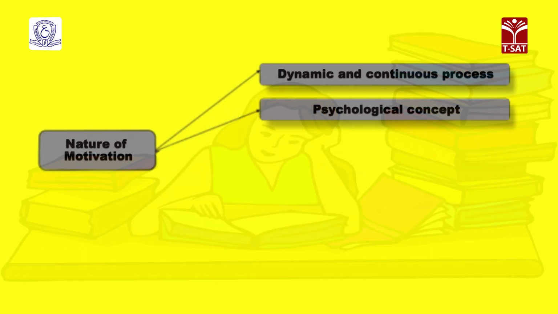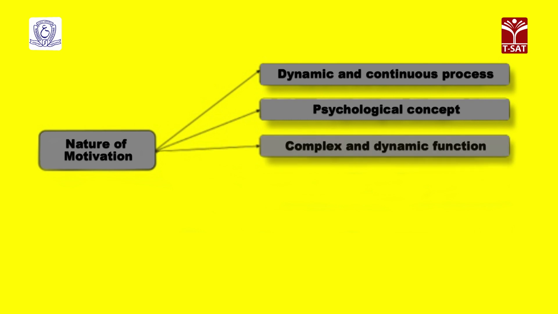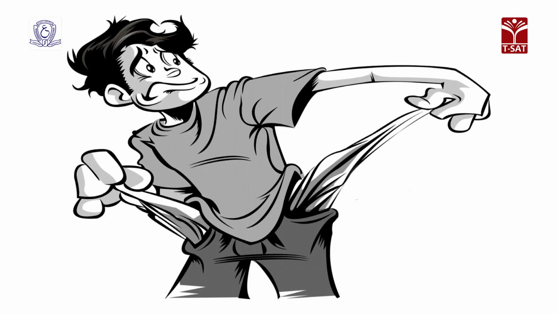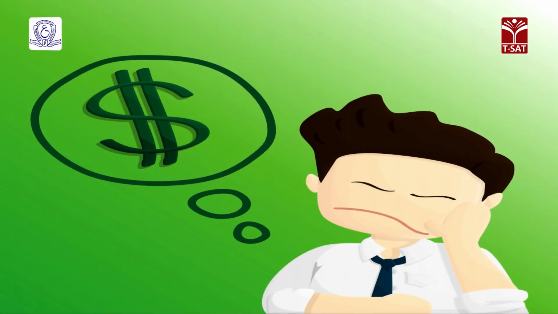We can say motivation is also a complex and dynamic function. Why is it complex? Because all motives are not simple. Sometimes, for example, you have some financial crisis, and immediately you want the money. You are highly motivated to earn the money, but is it immediately possible? So certain motives are very complex and we should know how we have to achieve our goals based upon our motives.